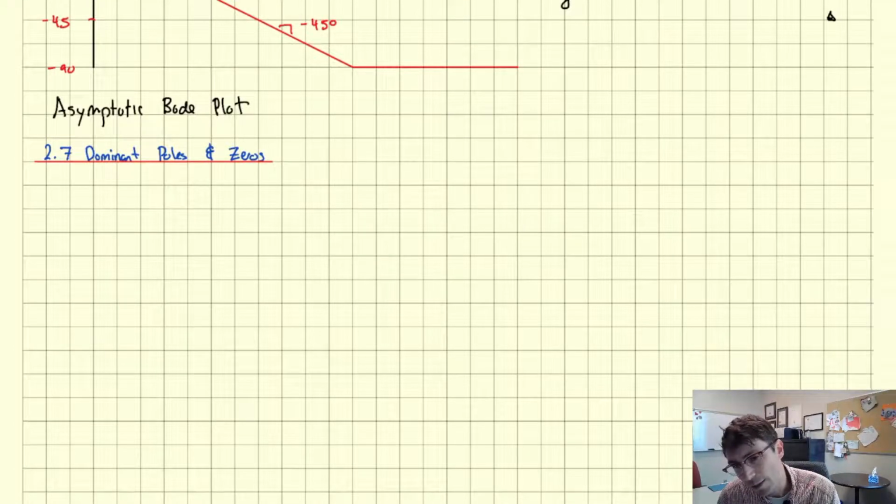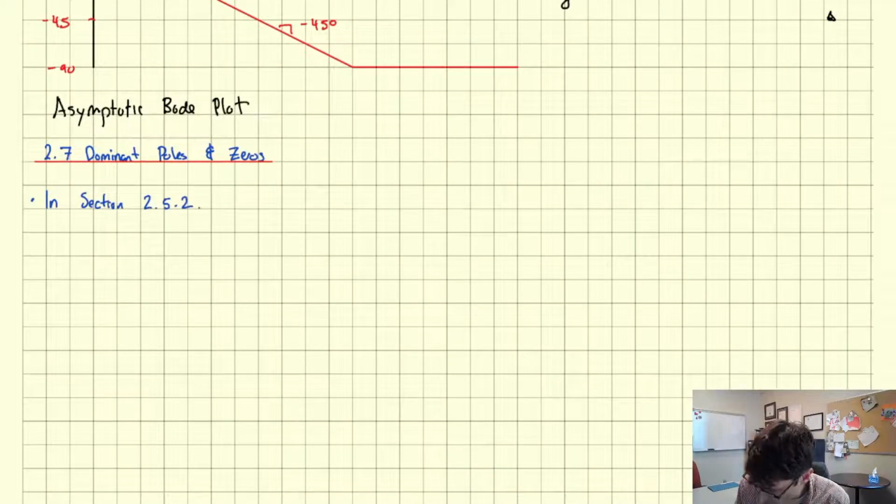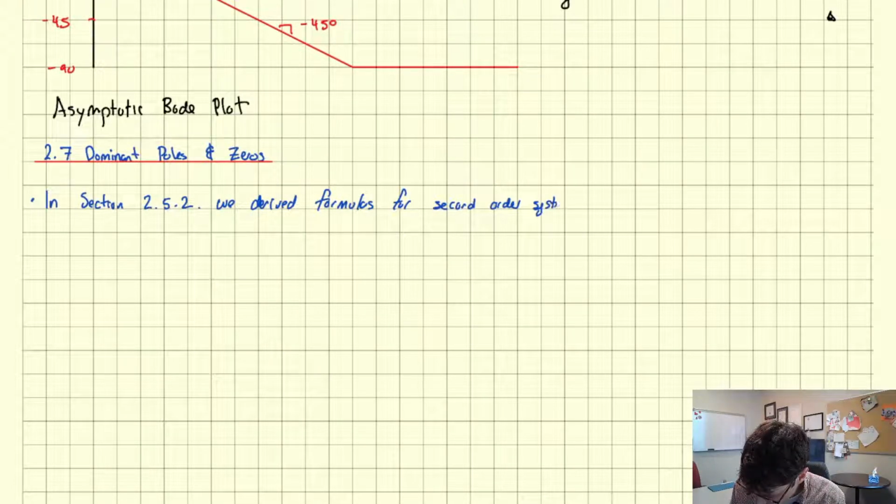In our time domain section, 2.5, we assumed that the system was second order. So in section 2.5, in particular 2.5.2, we derived formulas for second order systems. But most systems are not second order, right?